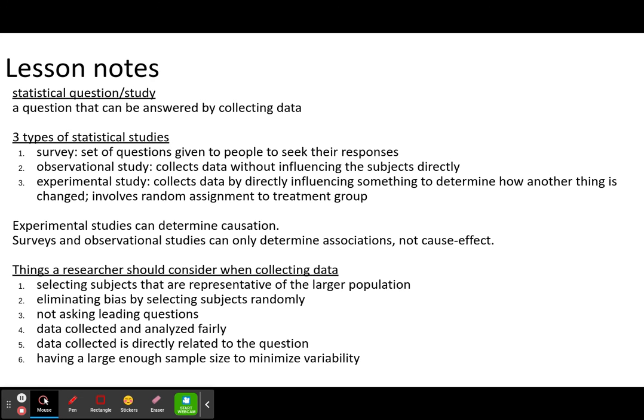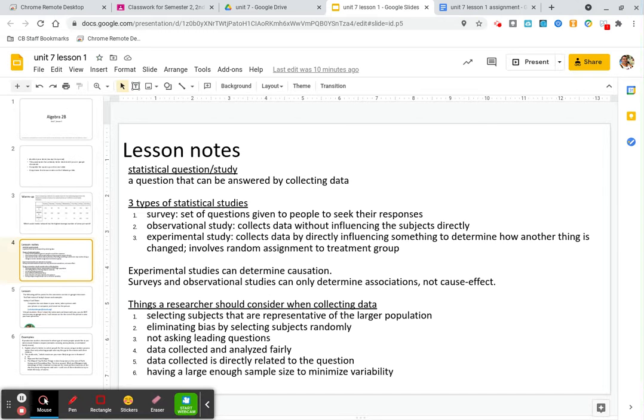In other words, if you're going to do a study, you don't just do it on one person. You don't just do it on 10 people. You want to have a lot of participants. For example, when they did the drug trials for the COVID vaccines, they had thousands of people participating in it. They didn't just have a handful of people. So that's what a statistical study is about.